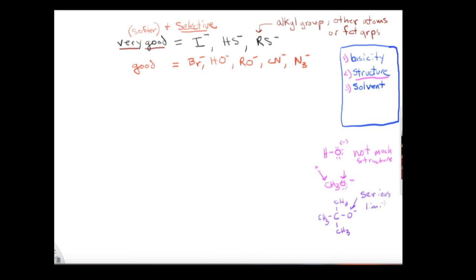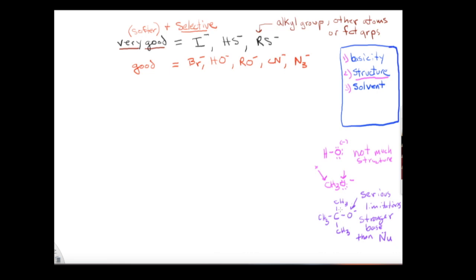What I mean by that is that this would be a stronger base in a reaction than a nucleophile. It's going to be more reactive with hydrogens that it bumps into than it will be with an electrophile.